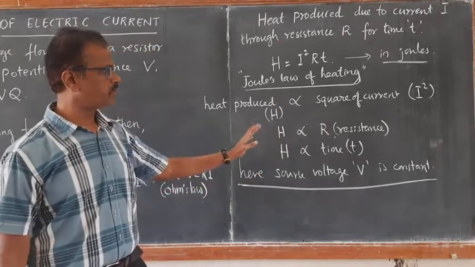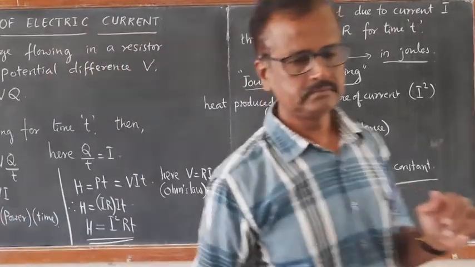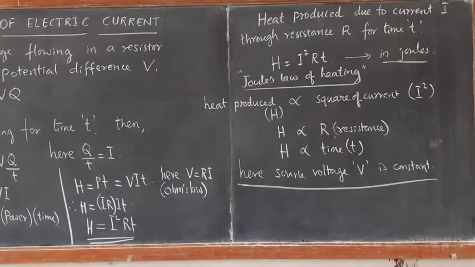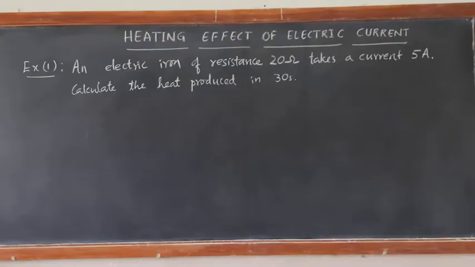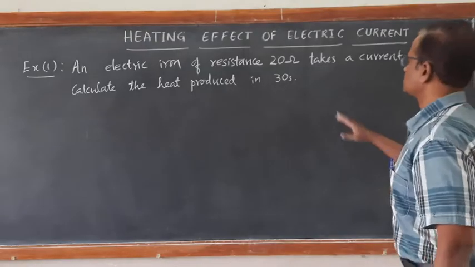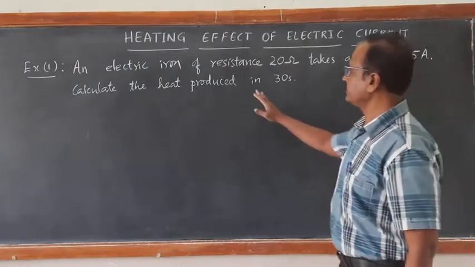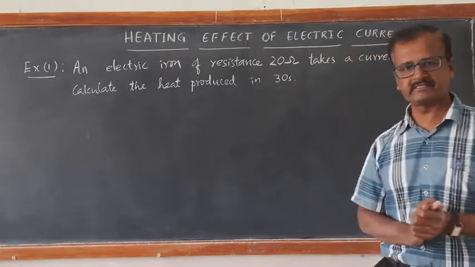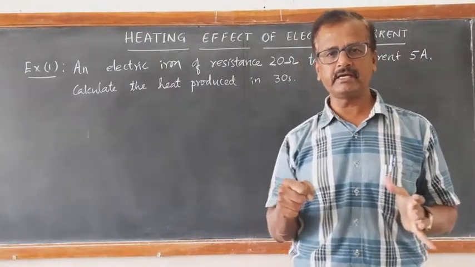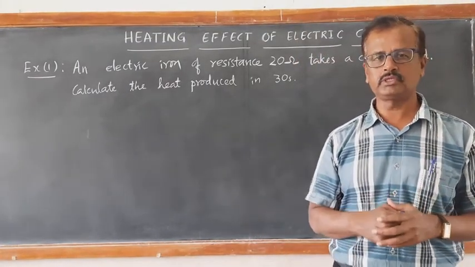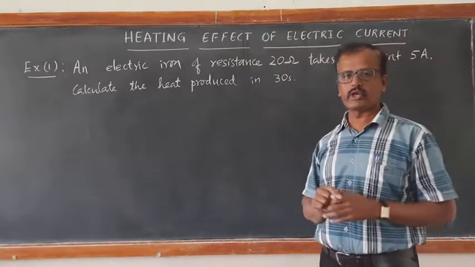Let us solve some problems based on this. An electric iron of resistance 20 ohm takes a current of 5 amperes. Calculate the heat produced in 30 seconds. See here, an electric iron is kept for pressing the clothes, and its resistance is 20 ohm.